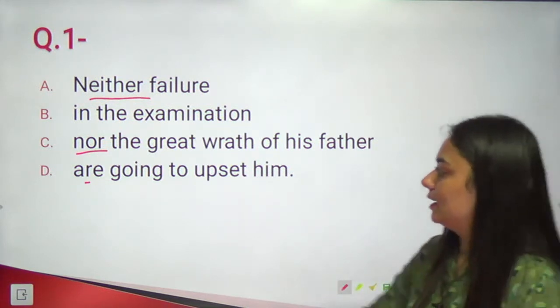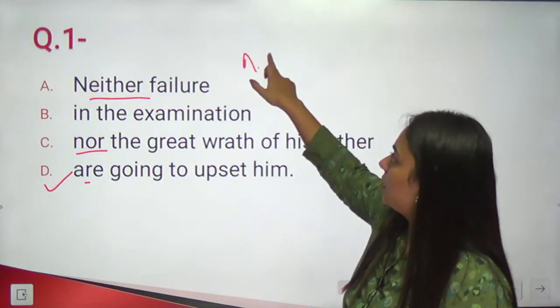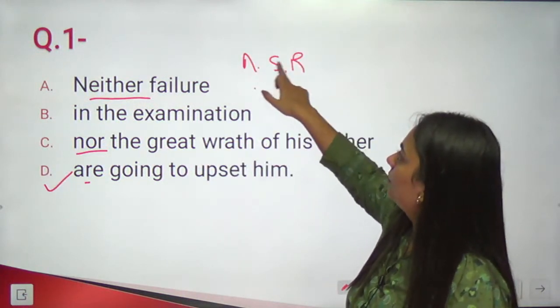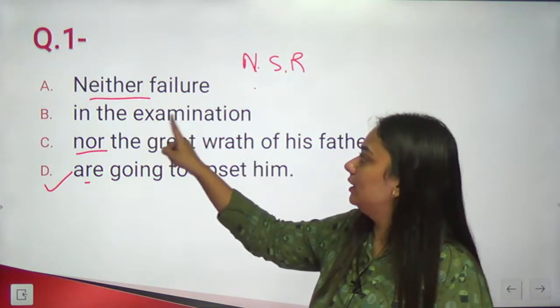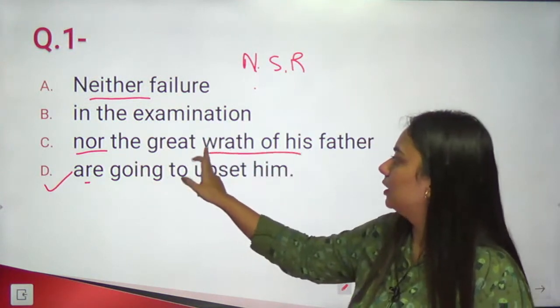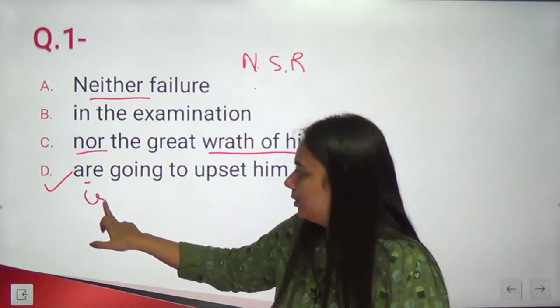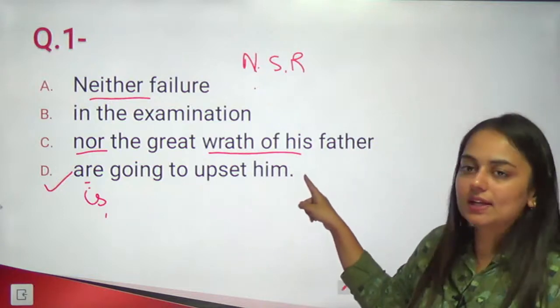The right answer is D, because in the near subject rule, neither failure in the examination nor the great wrath of his father. Wrath of his father is a singular thing, so it will be replaced by is going to upset him.